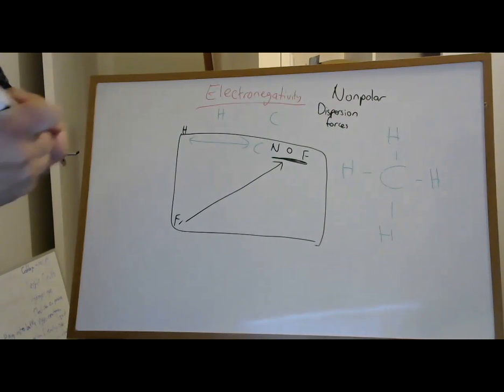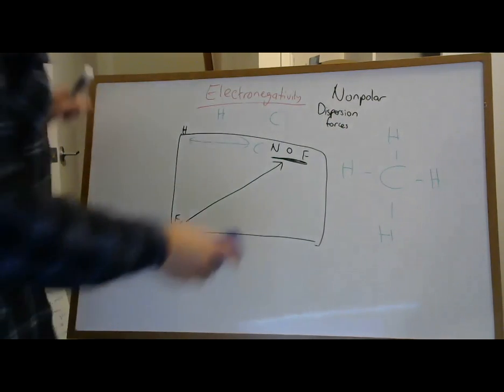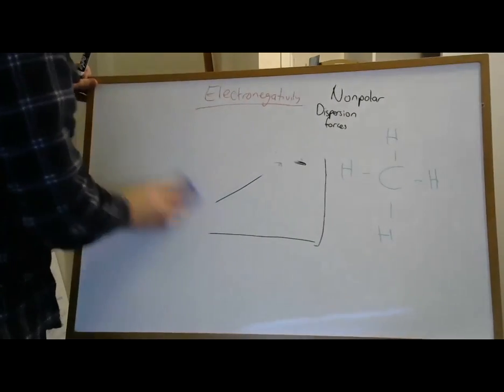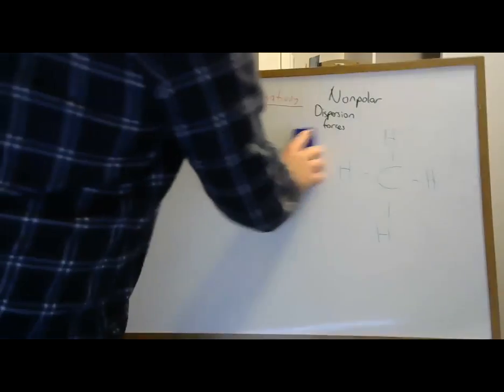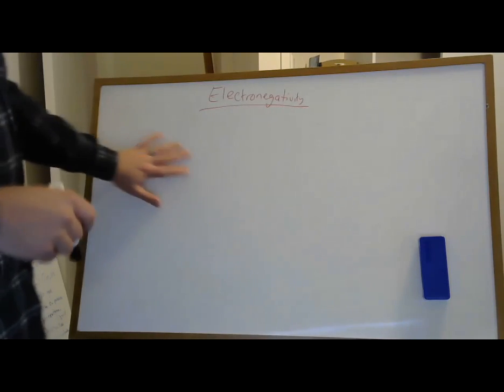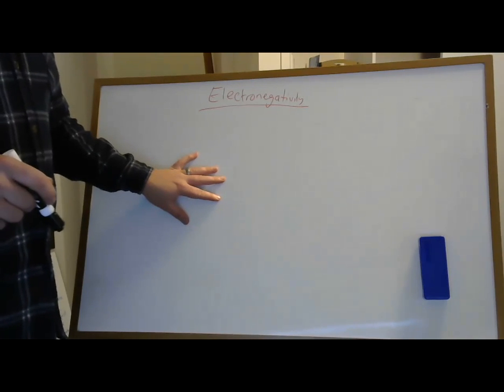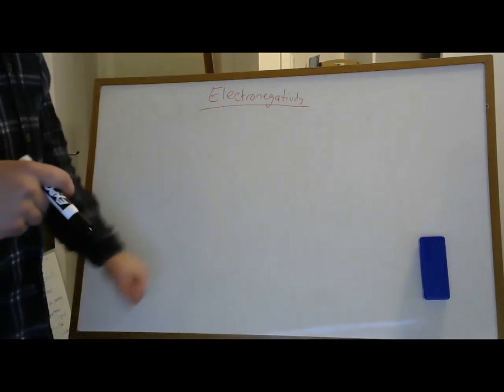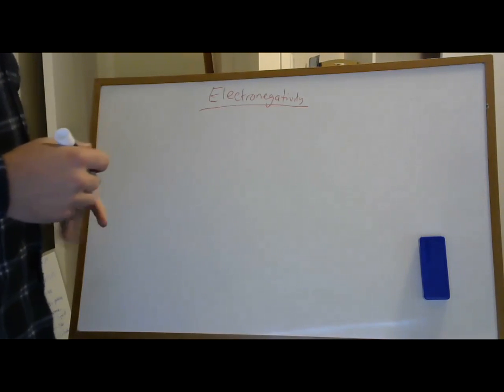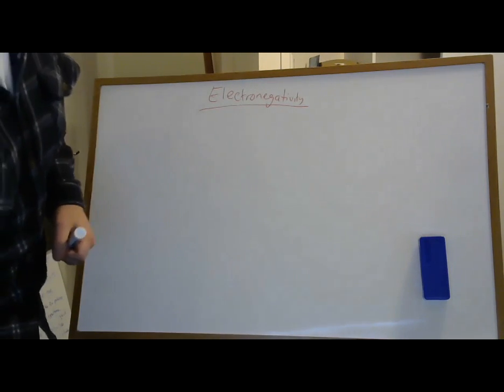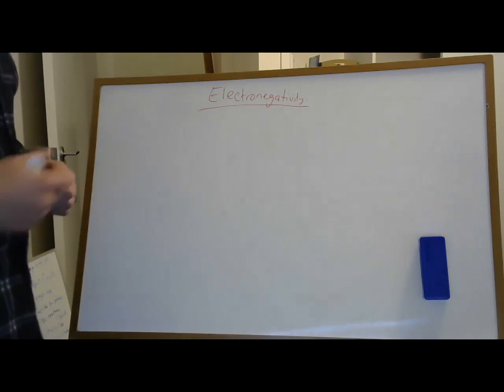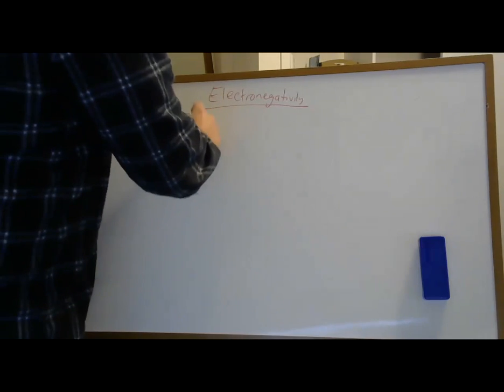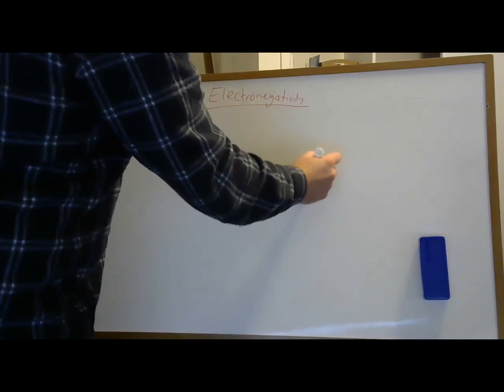So if we ramp that up a bit, if there are 2 atoms with a significant electronegativity difference, keeping it simple, we take hydrogen and chlorine.